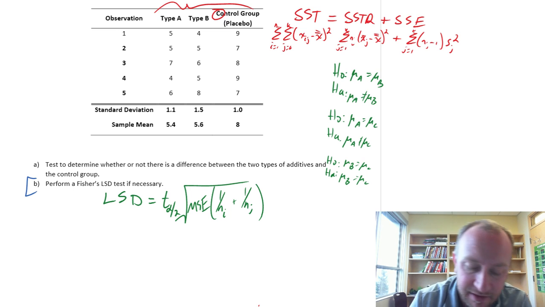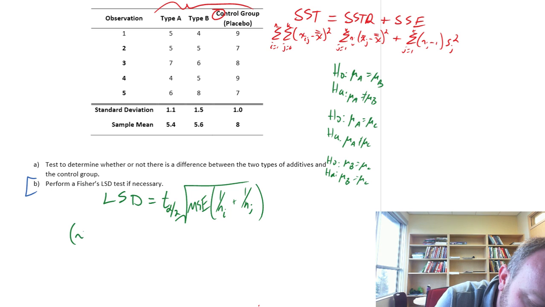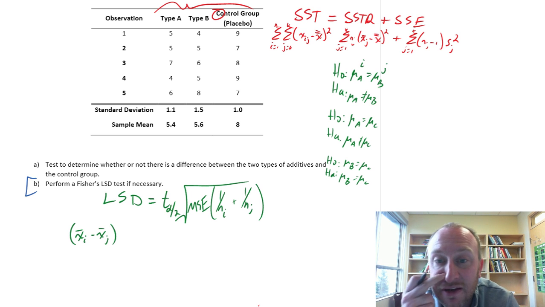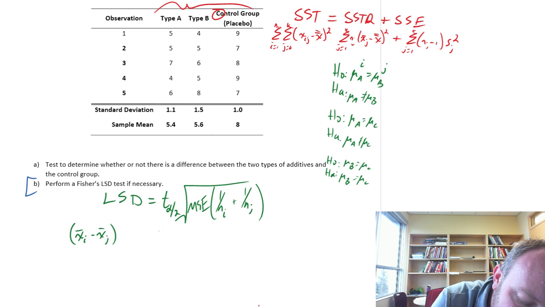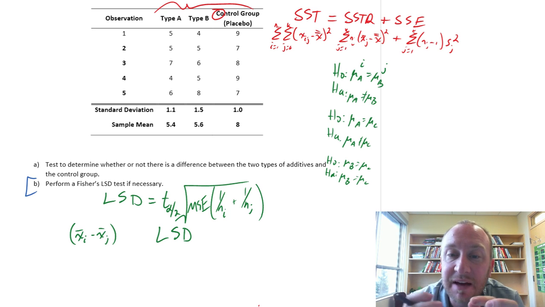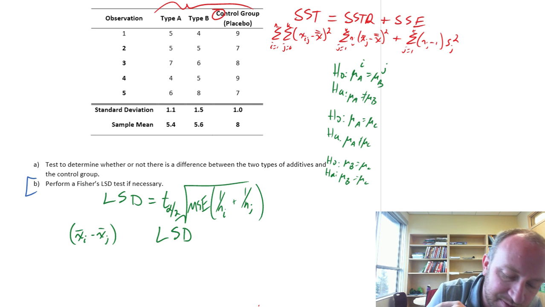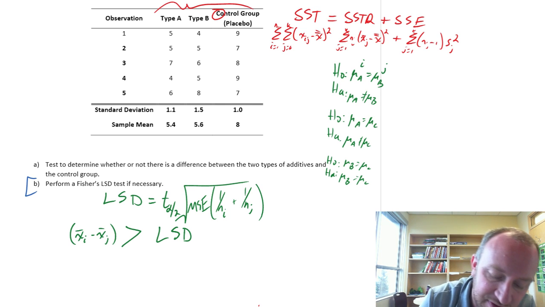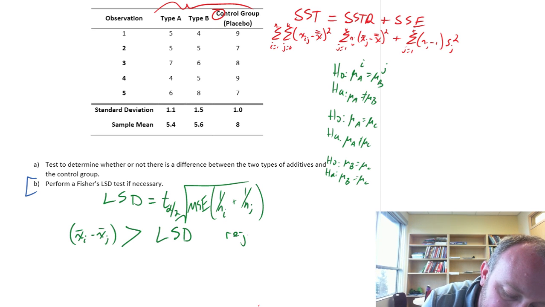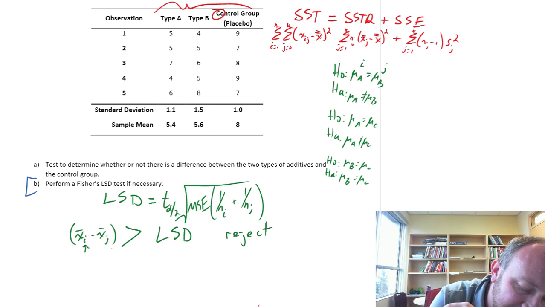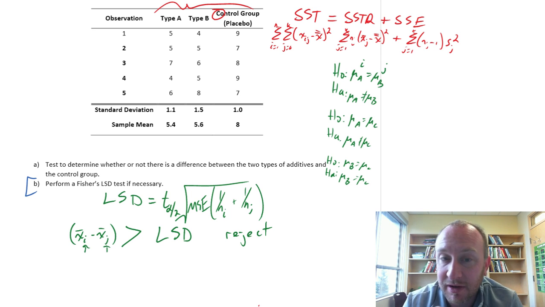Then to perform the tests, we compare each of these differences in sample means, with i and j corresponding to our different sample means, to our calculated LSD. If that point estimate of the difference in the sample means is greater than the value of our LSD, our least significant difference, then that allows us to reject the set of hypotheses that corresponds to whichever 2 samples we're comparing.